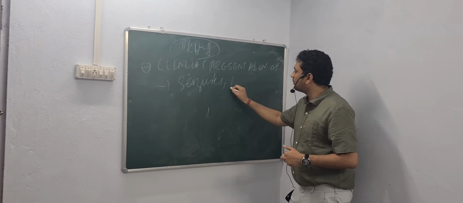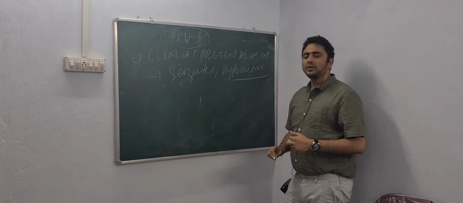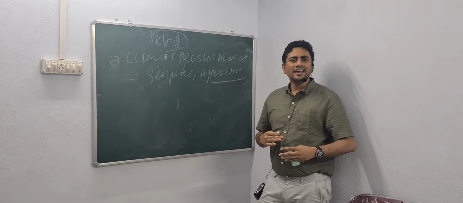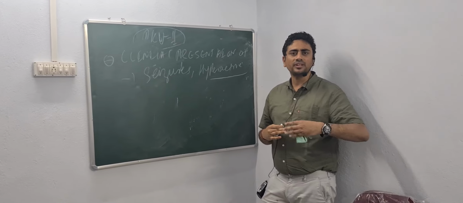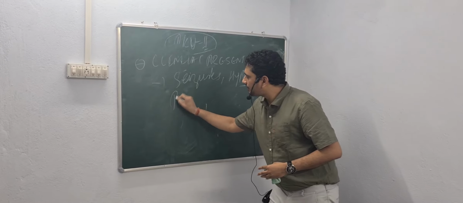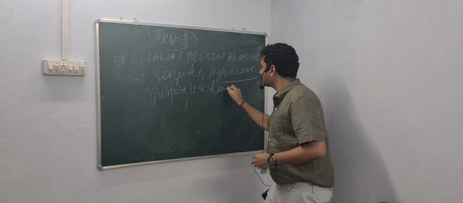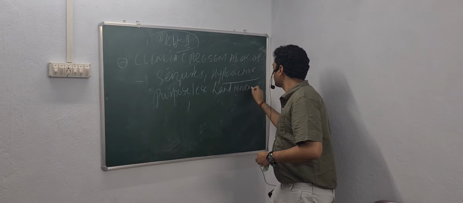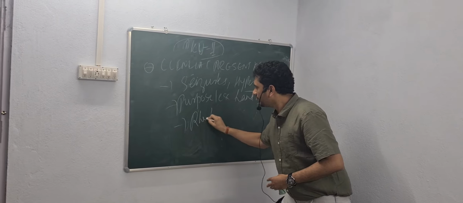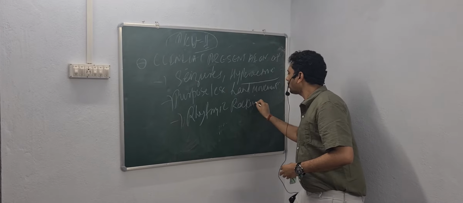It can lead to hyperactive behavior. So the child will be hyperactive, okay, and the untreated older child will have purposeless hand movement, okay. There will be purposeless hand movement, there will be rhythmic rocking. Rhythmic rocking means what?